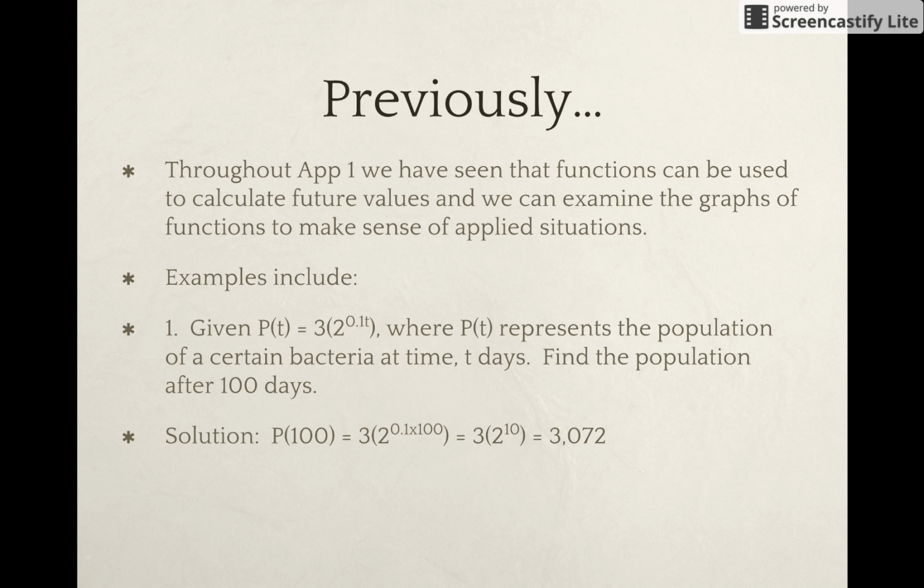So this would be calculating a future value. To use this function to do that, we simply would let t be 100 days. So we're finding p of 100. And when we substitute a value of 100 into our function, we find that there are 3,072 bacteria at 100 days.